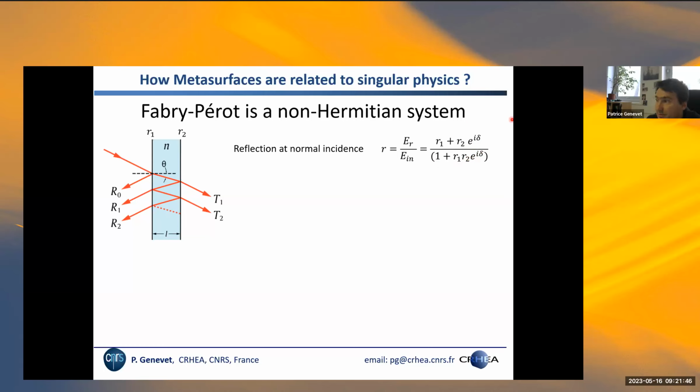I'm introducing this expression because it becomes extremely useful to understand the concept of singularities that I have been mentioning. You see that this delta here is the actual round trip phase inside the resonator here. So it's a function of the frequency omega.